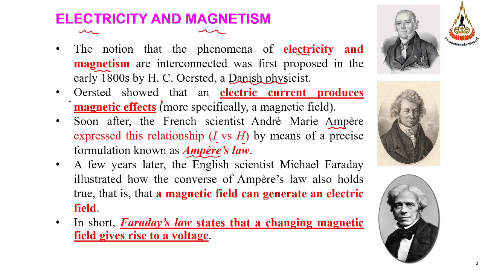So we will discuss what the Ampere law is. And then the researcher found also that the magnetic field can generate electric field. If we move the magnetic field, we can generate electricity, by moving the magnetic field.